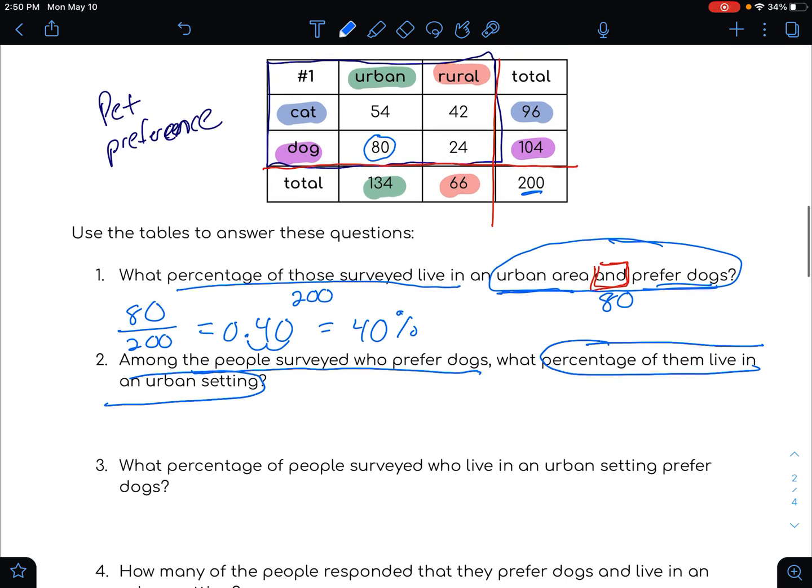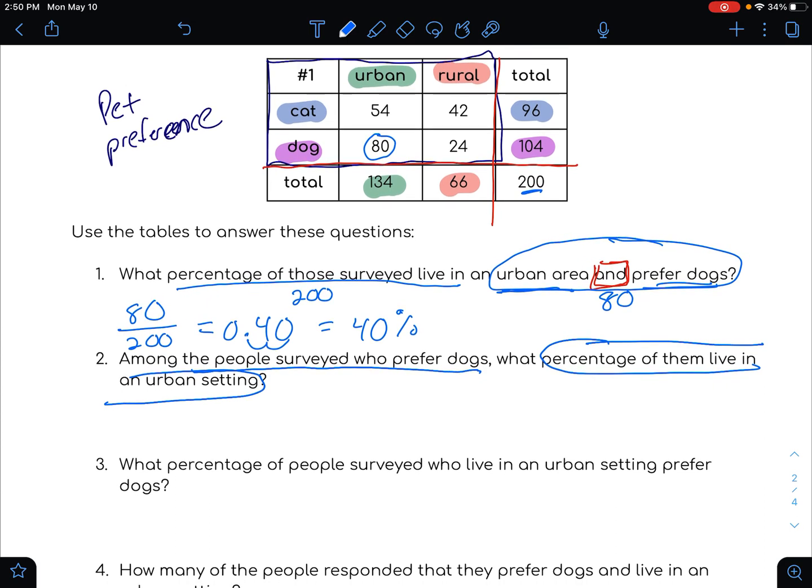If we look up here, the people surveyed that prefer dogs, that's this number here. That 104 people prefer dogs. And of that group, how many of them live in an urban setting? Once again, that's that 80 number.